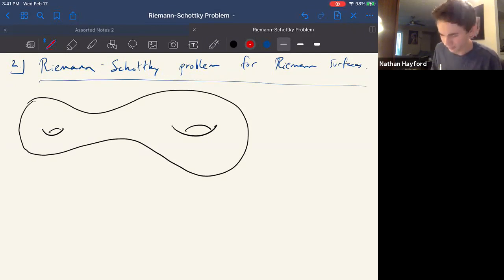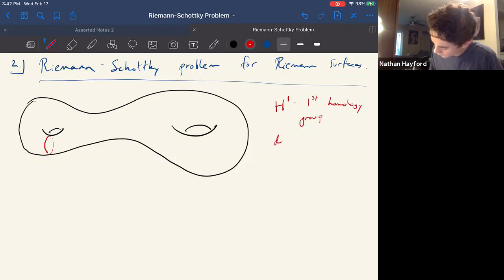Anyone that's taken a topology course knows that on a surface of genus G, the first homology group has dimension 2G, and we can even pick a normalized basis of cycles on the surface, which is what we're going to do now.